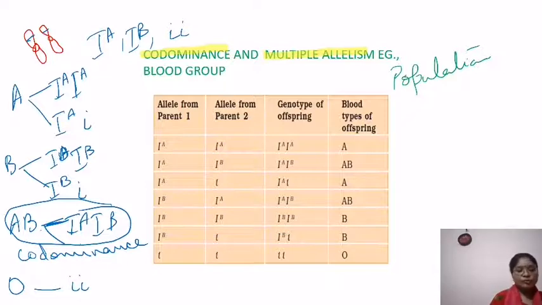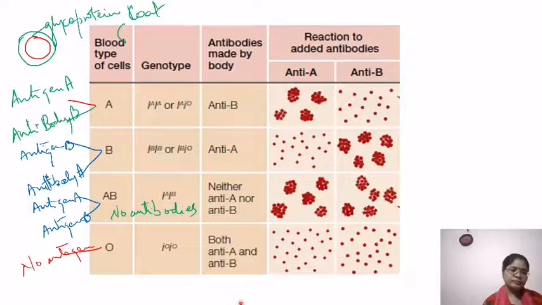Now in a population we find all kinds of individuals and these three kinds of alleles. And in class 11th you have read one thing. You can see here that blood group A has antigen A and antibody B. Remember, what is an antigen?